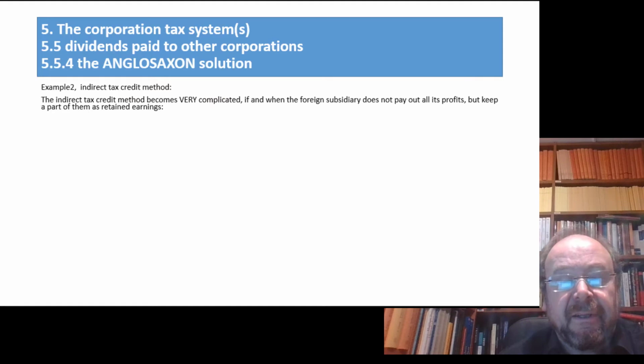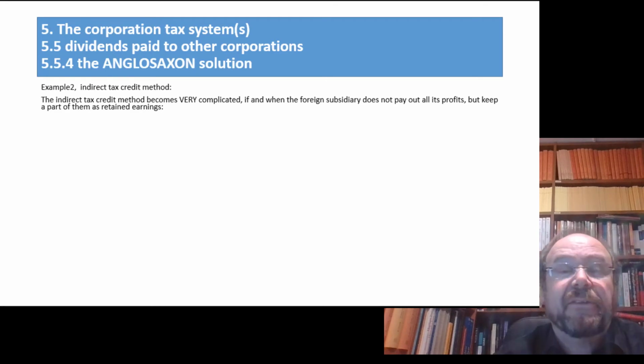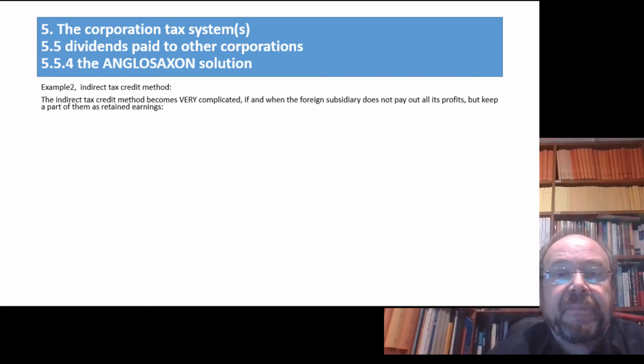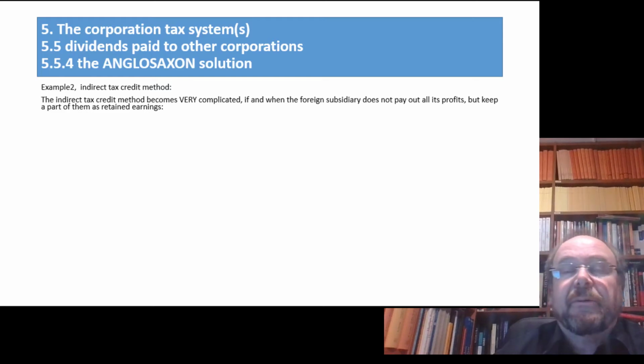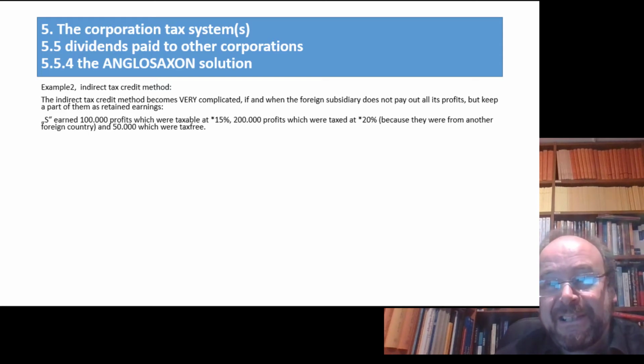So this indirect tax credit, however, can lead to some effects which are not very nice, because you can easily end up in a total chaos and suffer from complications. Because if the foreign subsidiary doesn't distribute all its profits but keeps a bit of it as retained earnings, then you can end up with nice questions.